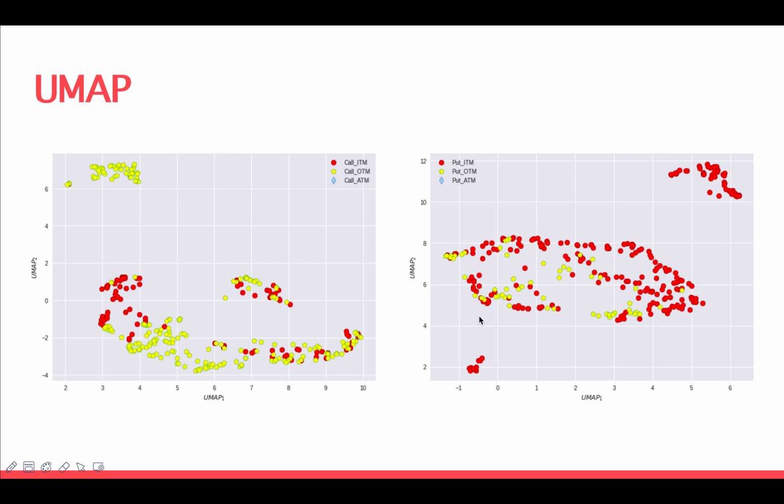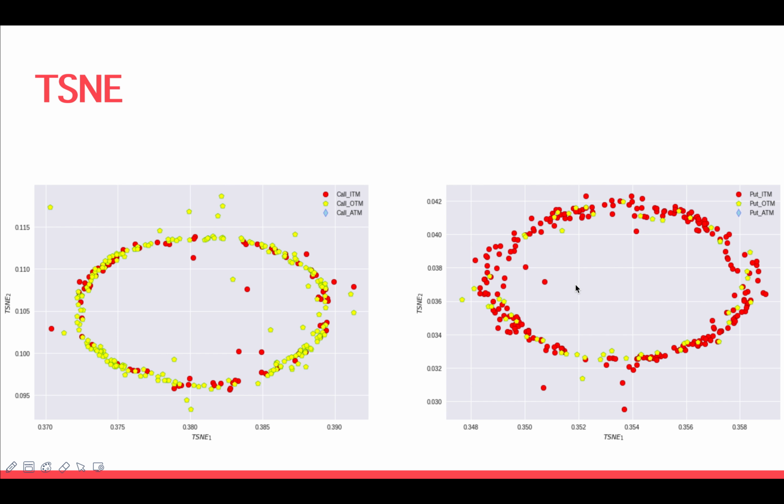And I also did UMAP. So we can see here the call OTM is separated from the others, but in this part they are mixed together, and here the ITM is also separated, but in this part they are mixed together.